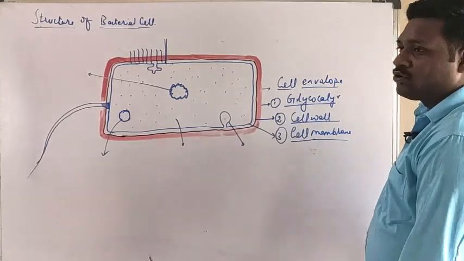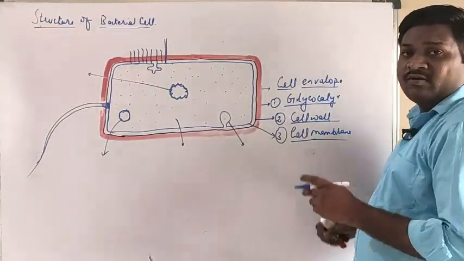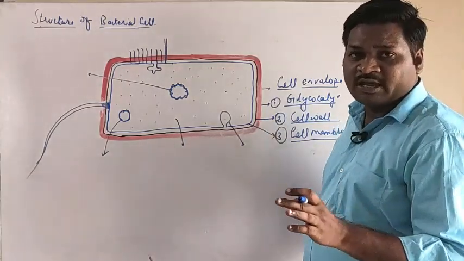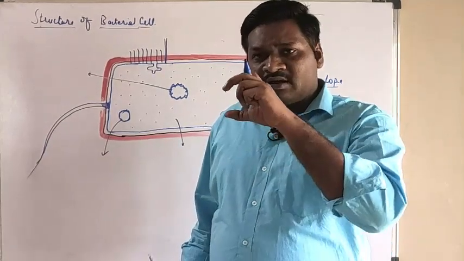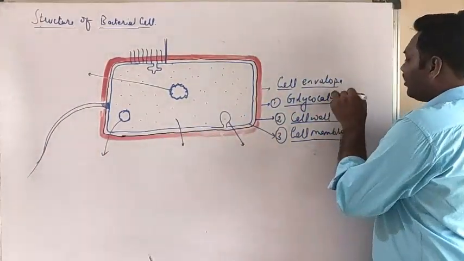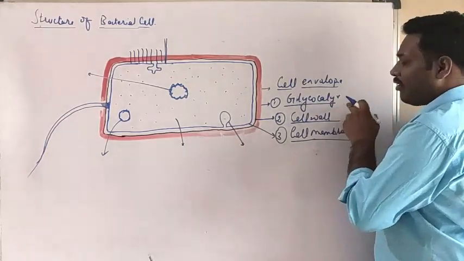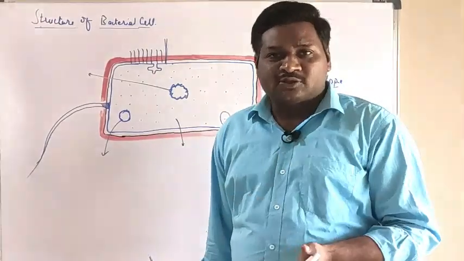So, what is glycocalyx? Glycocalyx consists of 2 types of structures. Either it will form a tough surface on the bacterial cell, and if it forms a tough surface, it will be known as capsule.